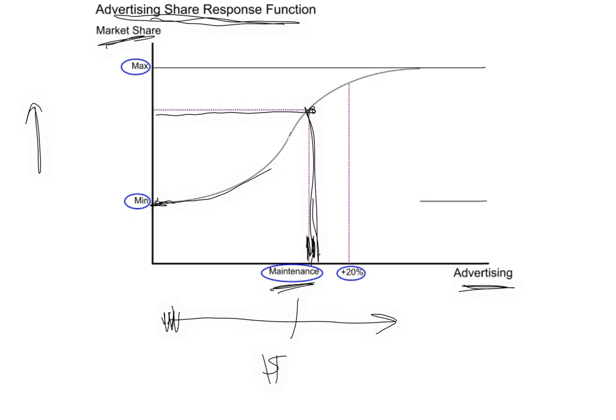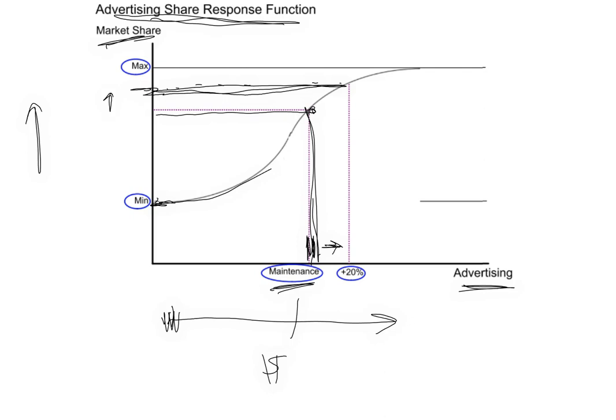And then, from what I've been told, because I'm not a marketing person, but from what I've been told by my marketing colleagues, one of the ways that these response functions get used is the thought of, okay, if we want to boost our advertising by 20%, what the advertising response function tells you is how much your market share is going to change by.